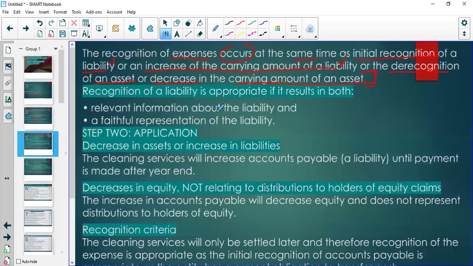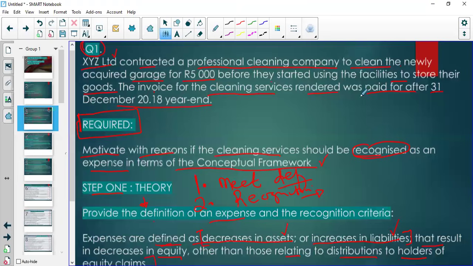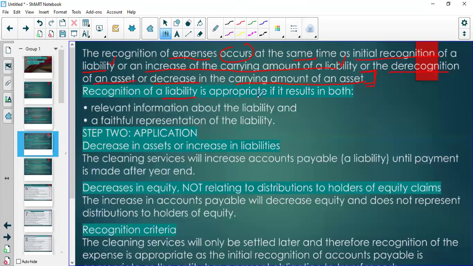In this case, there was no payment made. So we can talk in terms of a liability, because, as it says here, the invoice was paid after year end. So the recognition of the expense will be discussed from the perspective of the recognition of a liability.